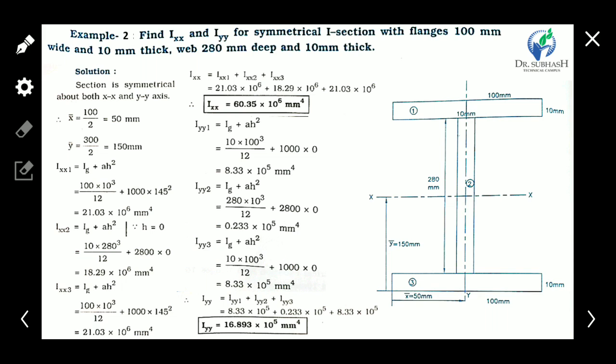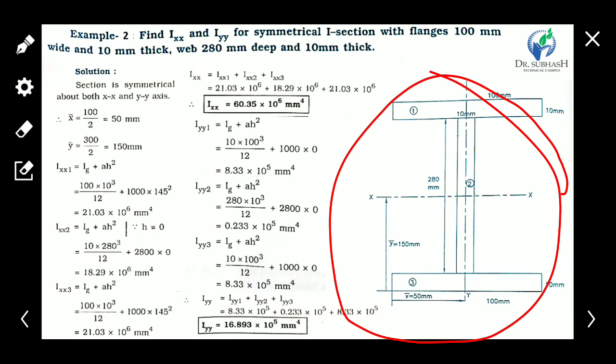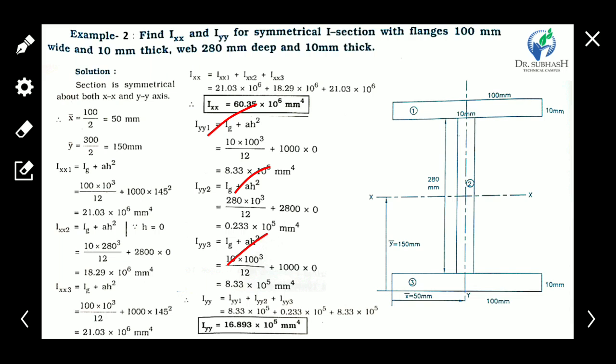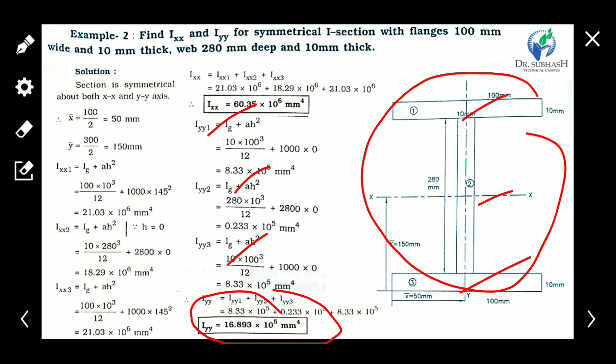Now the total moment of inertia of this I section about the y-axis is the summation of all the elements' moments of inertia about the y-axis. So we sum the moments of inertia of all elements, and finally we get the total moment of inertia of this I section about the y-axis as 16.893 into 10 raised to 5 mm raised to 4.